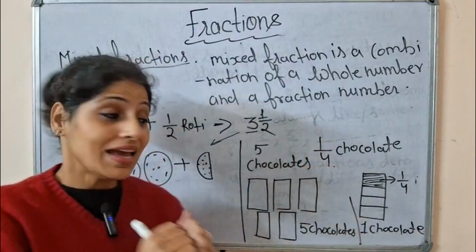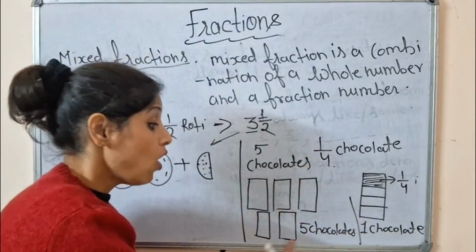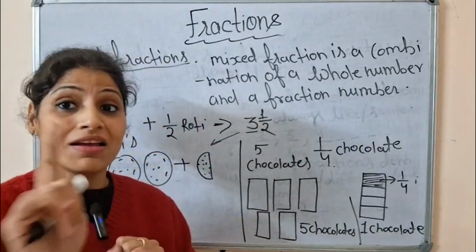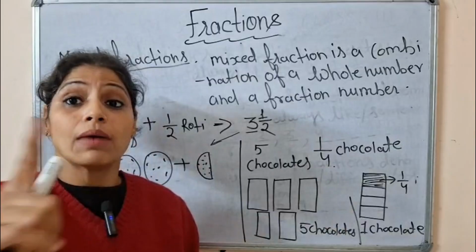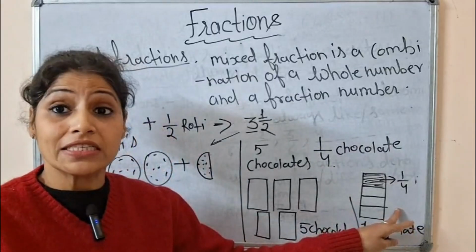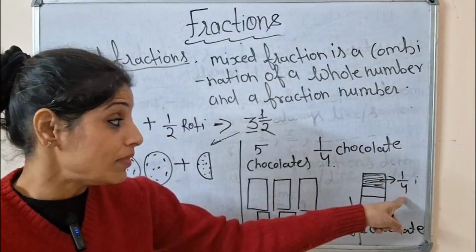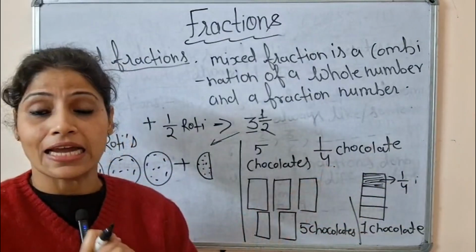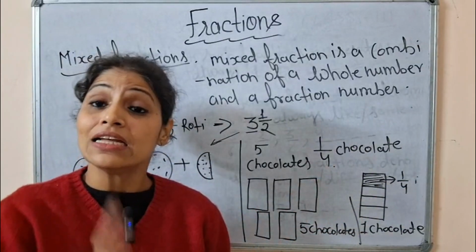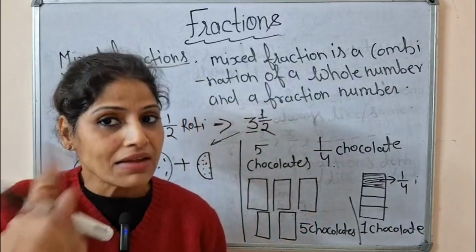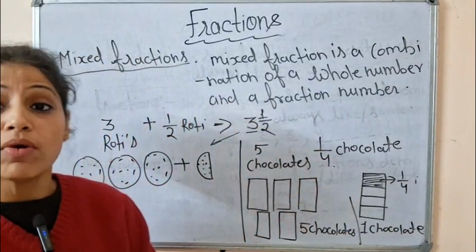You have got all 5 whole chocolates, plus आपके फ्रेंड ने अपनी चॉकलेट में से आपको 1/4 पार्ट और दे दिया. How will you represent those 5 and 1/4 chocolates in the form of fraction?